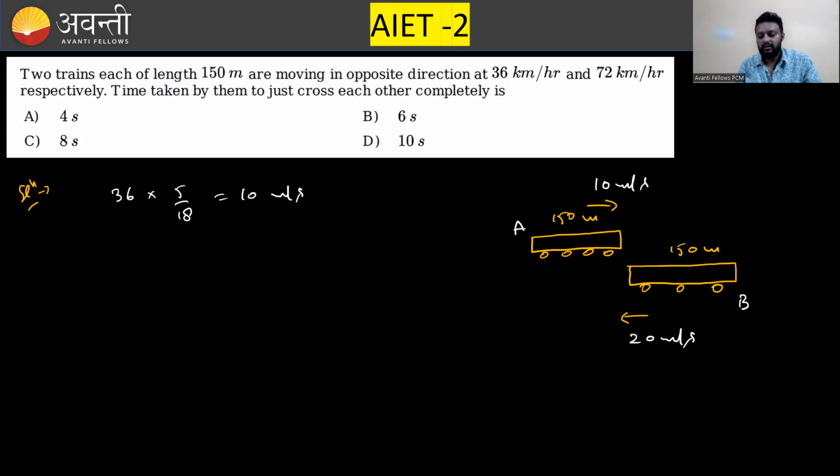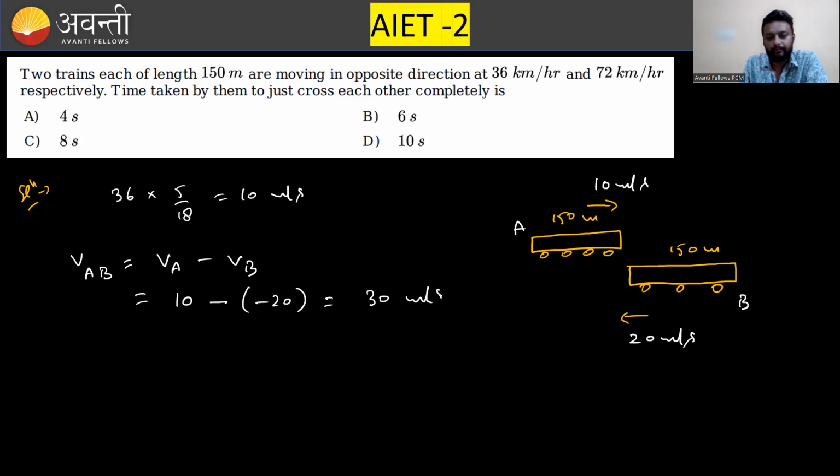The velocity of train A with respect to B is, everybody knows, VA minus VB. Velocity of A is 10 minus velocity of B, which is minus 20. Why minus 20? Because it is moving in the left direction. So the final velocity is 30 meter per second.